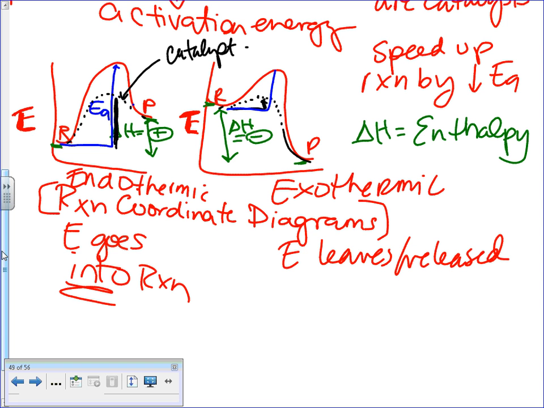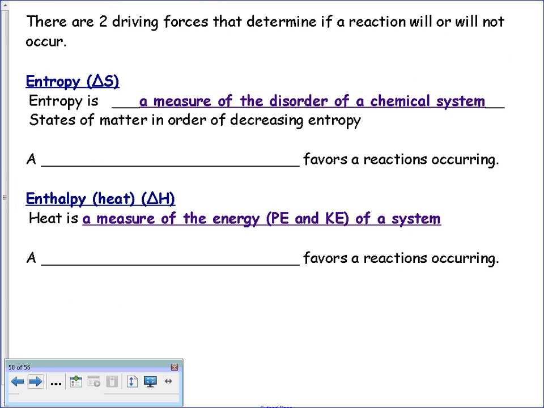Can I go to the next slide? Yeah. Okay. So this is actually what we just talked about. I'll start down here for enthalpy. Whenever we're talking about reactions actually happening versus not happening, there are two forces in the world that make reactions happen. One is the amount of energy, the enthalpy, that's related to that particular reaction, and one is entropy, which is a measure of disorder.